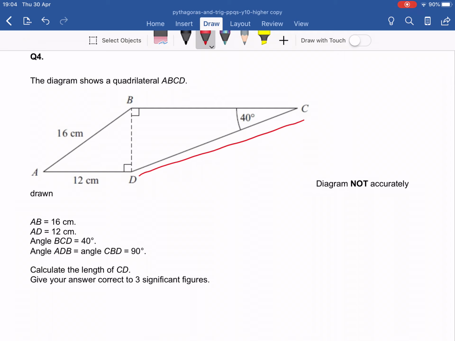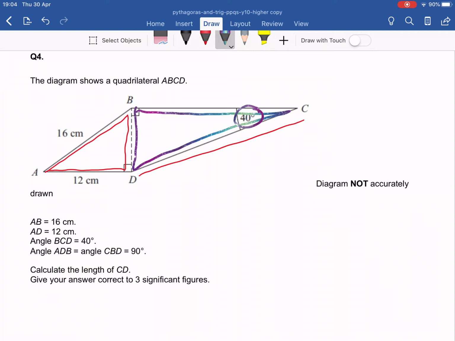I need this side, and I noticed that I've got 2 triangles. I've got triangle ABD here, and I've also got triangle BDC there. At the moment, triangle BCD looks a bit bare, because I've only got an angle and nothing else, and I need at least 2 things to calculate my length, CD.